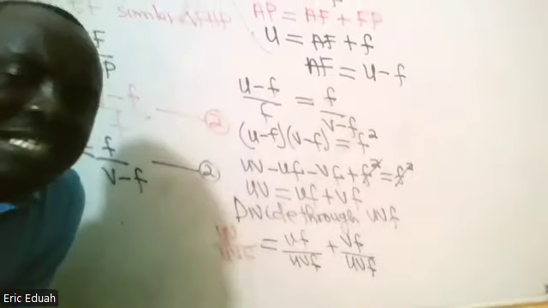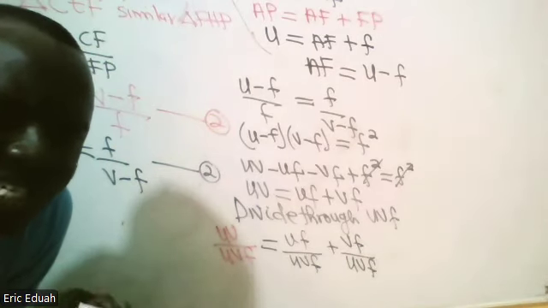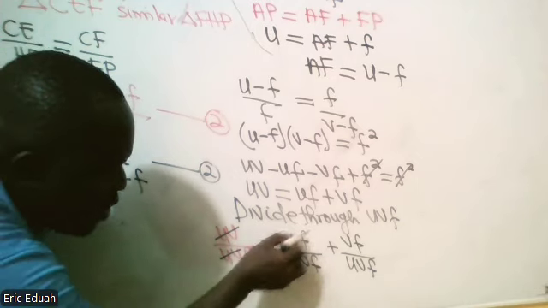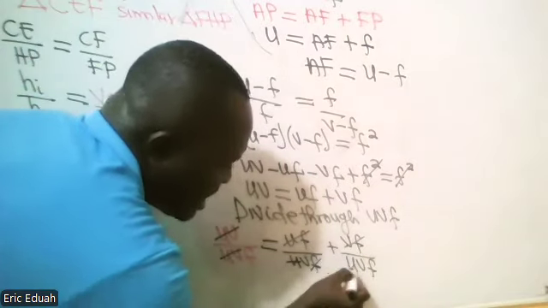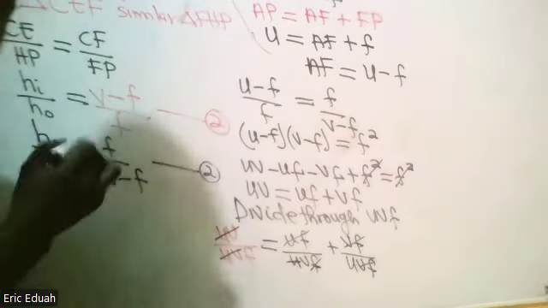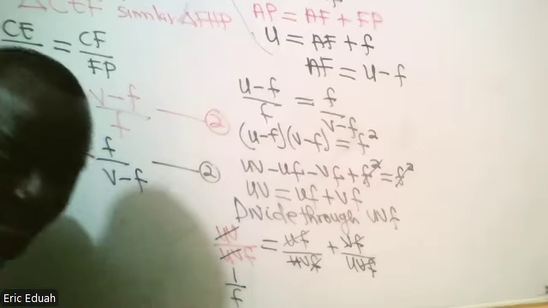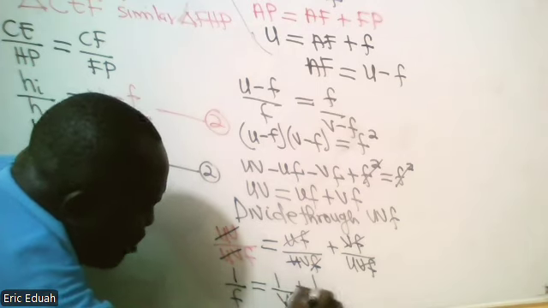And once we are dividing through by the same term, it's as if we are doing nothing to the equation. It doesn't change the equation once the denominator is the same. So we have UV cancelling out UV, UF cancelling out U and F, VF cancelling out V and F. What is left is that we have 1 over F is equal to 1 over V plus 1 over U.